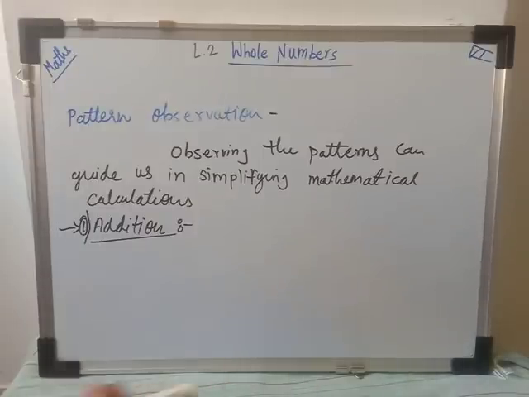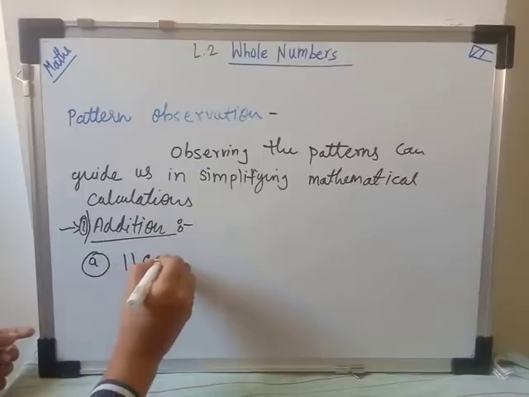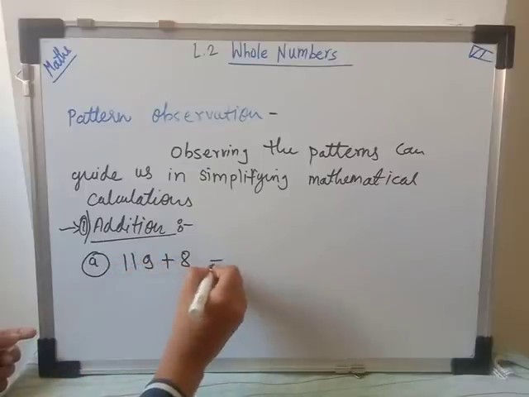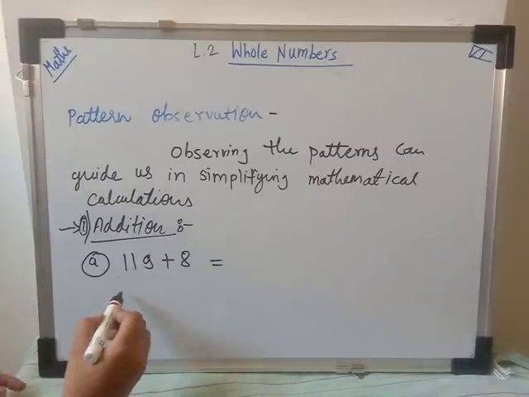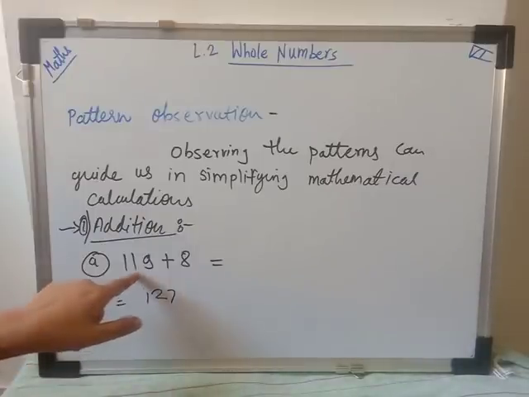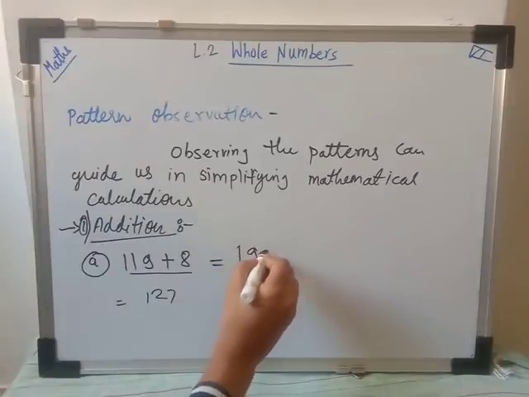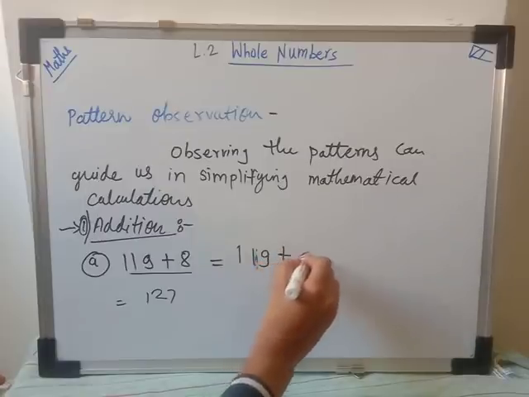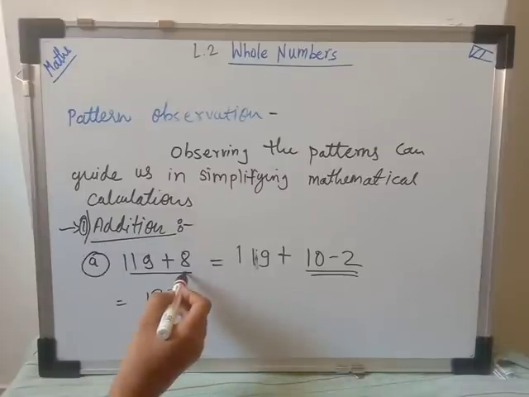So here if I take the first example, 119 plus 8 is equal to, if we do the addition, we'll get 127. If I want to arrange these two numbers in a pattern, what I will do is 119 plus 10 minus 2. Now 10 minus 2 is equal to 8.